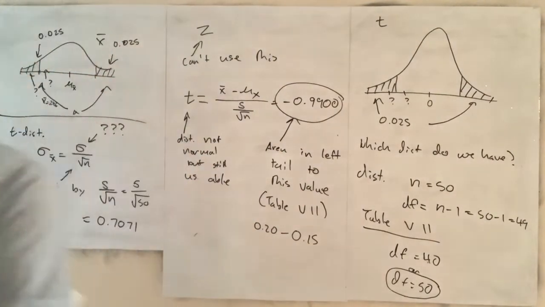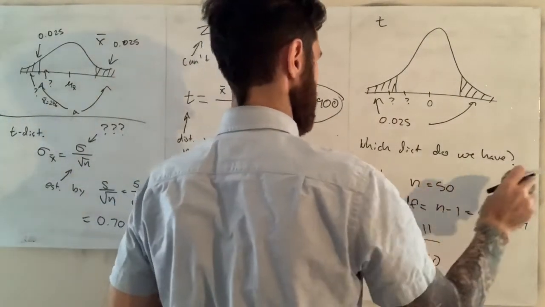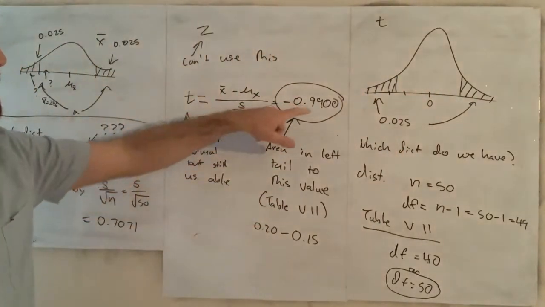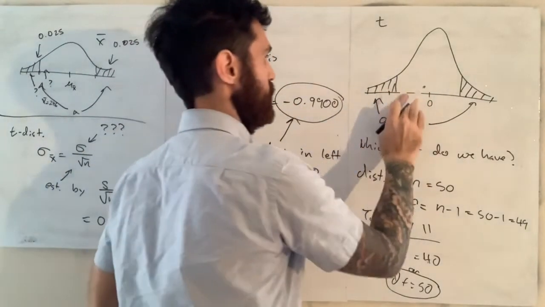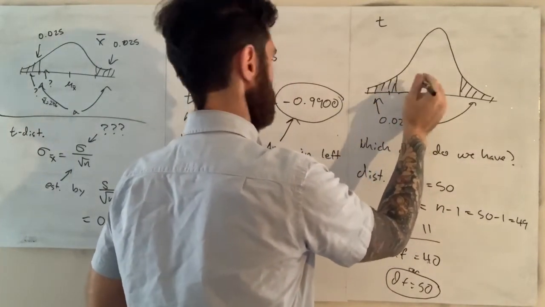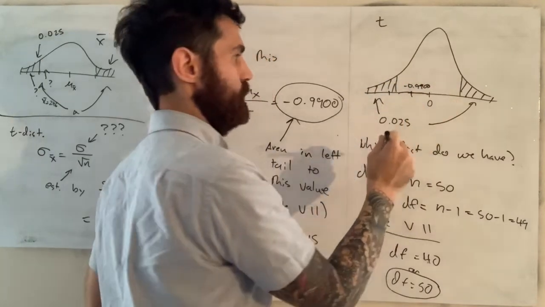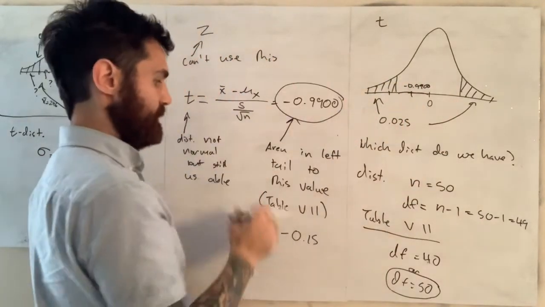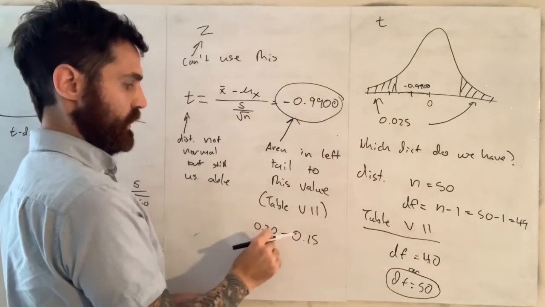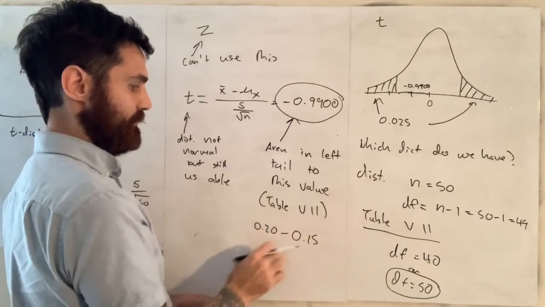So what does that mean? That means that where our t value lives, it's going to be here. So this is negative 0.9900, because to the left of it is going to be a value that's between 0.20 and 0.15. So this is a dash.